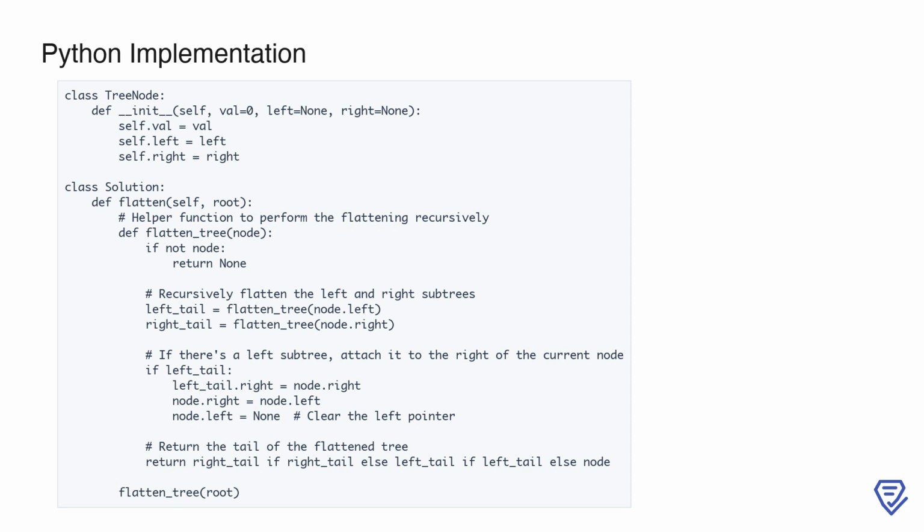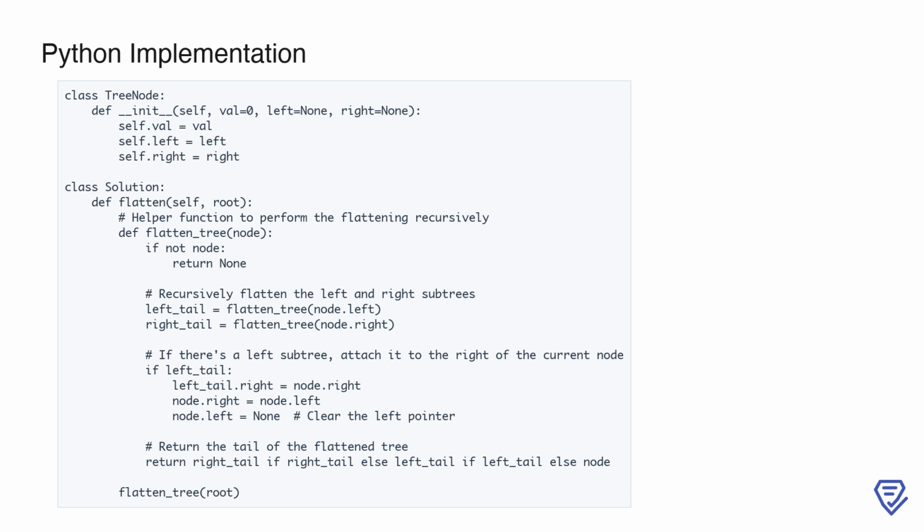Specifically, the tail of the left subtree, left_tail, is linked to the start of the right subtree, and the left pointer of the current node is cleared, set to None, to conform to the linked list structure. Finally, the function returns the tail of the flattened subtree rooted at the current node. This tail is determined as the rightmost node of the right subtree if it exists, otherwise the rightmost node of the left subtree, or the current node itself if both subtrees are empty.